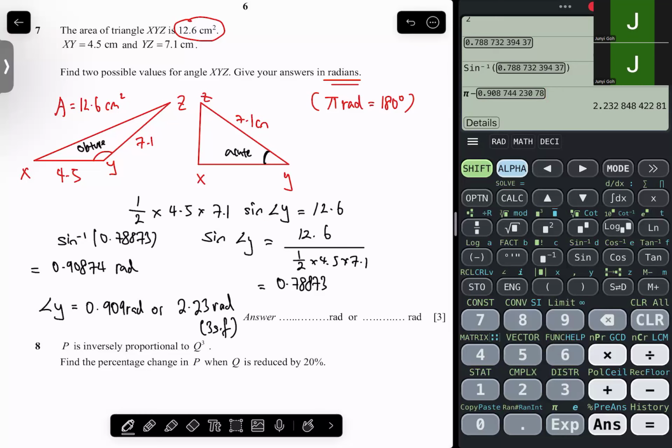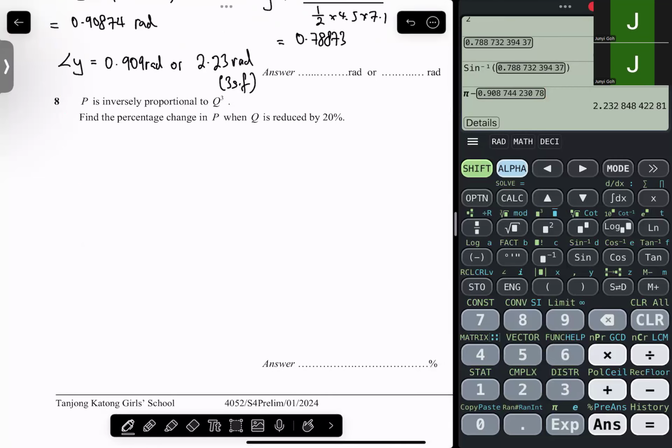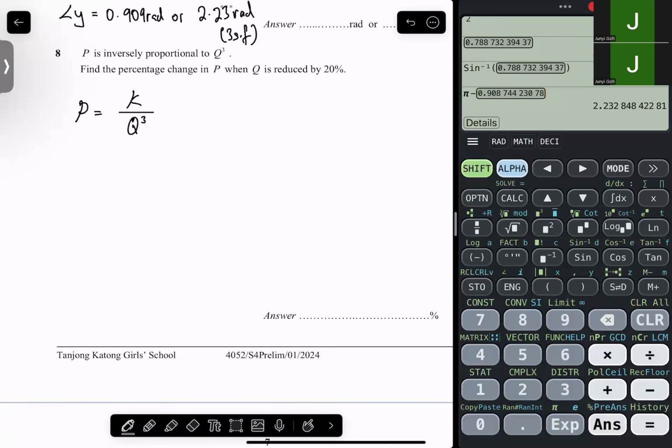Right, Question 8. I've seen a lot of students struggle with this question. P is inversely proportional to Q cube, right? First thing, write down the relationship. P equals K over Q cube. So the relationship is as such. Now we have two different scenarios.